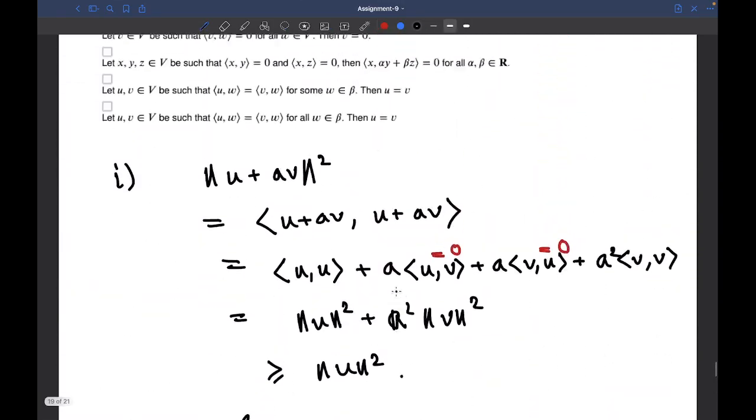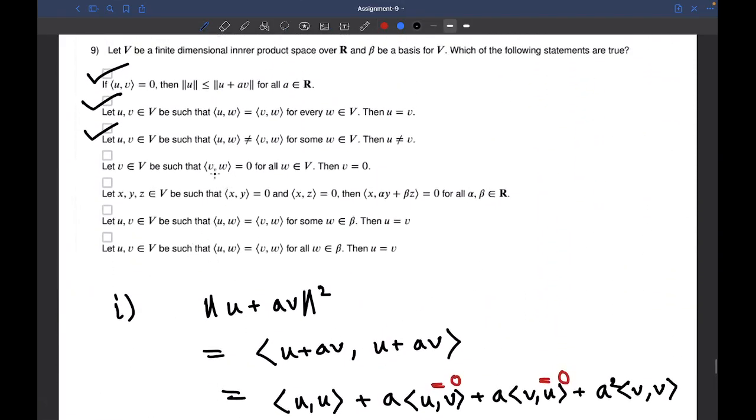So option number 4 is correct. This is also correct.